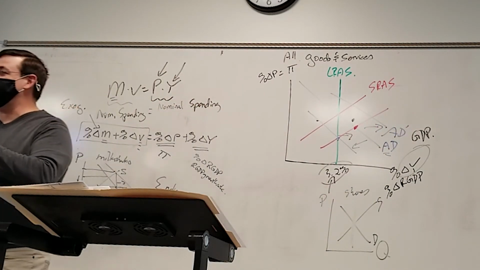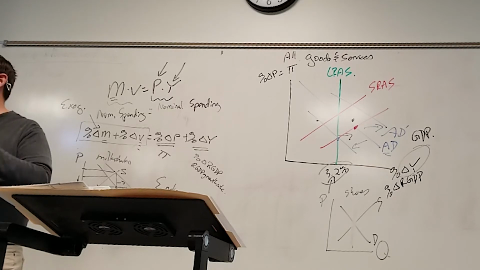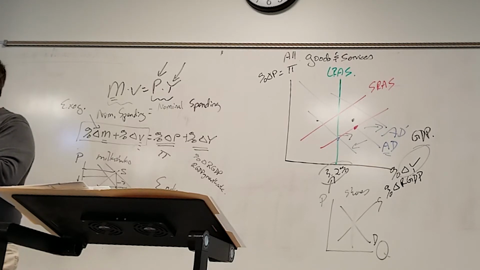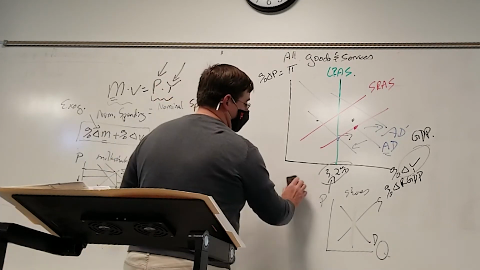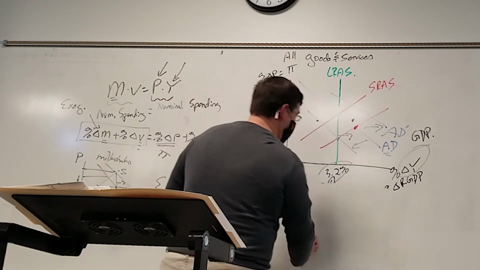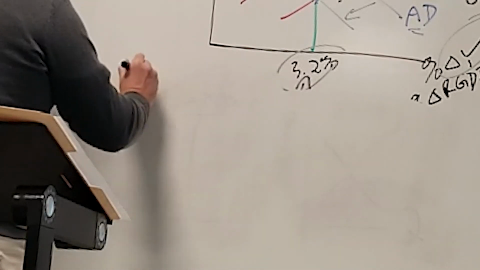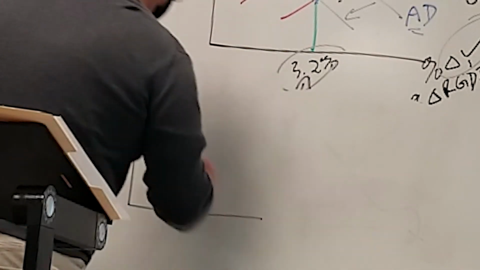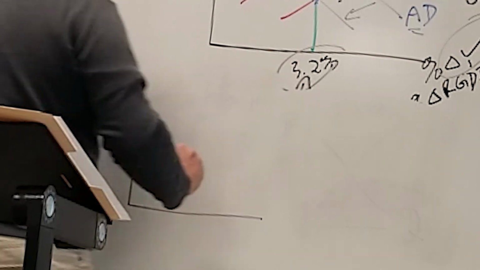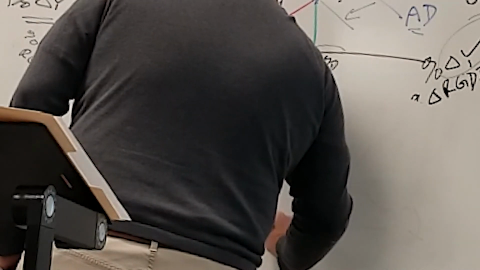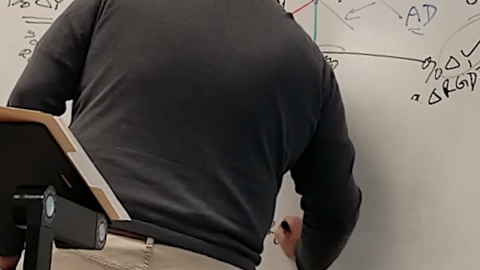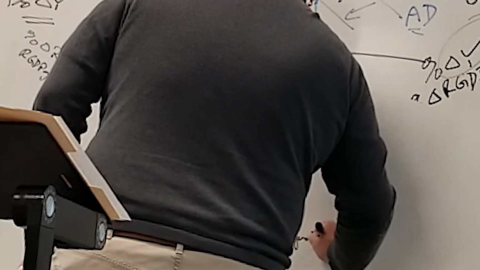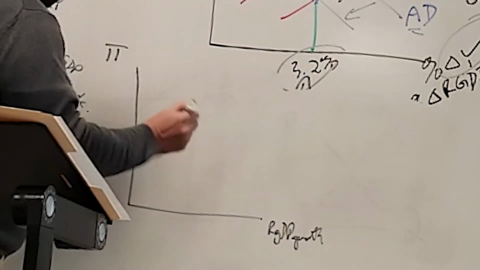So we move our aggregate demand curve based upon either a change in the quantity of money or a change in the velocity of money. Let's show this by itself. Let's isolate the aggregate demand curve for a minute. I'll put inflation here, and I'll put real GDP growth here, and I'll just draw the aggregate demand curve.